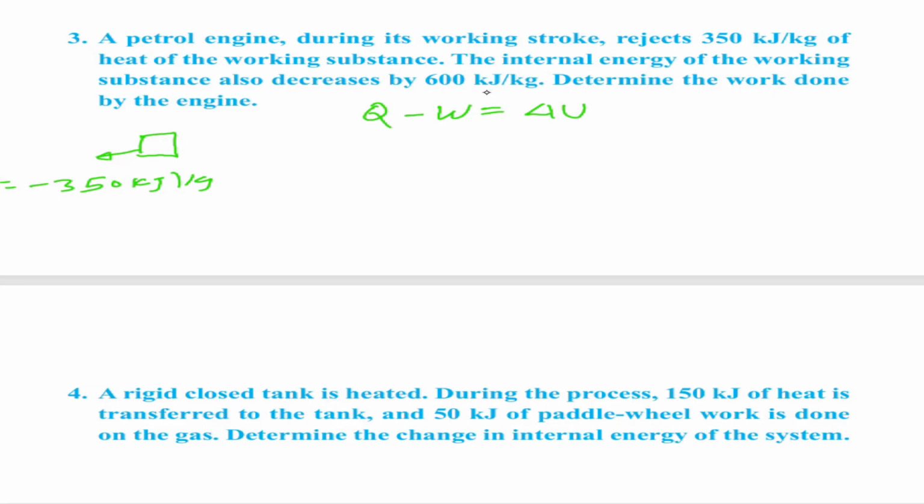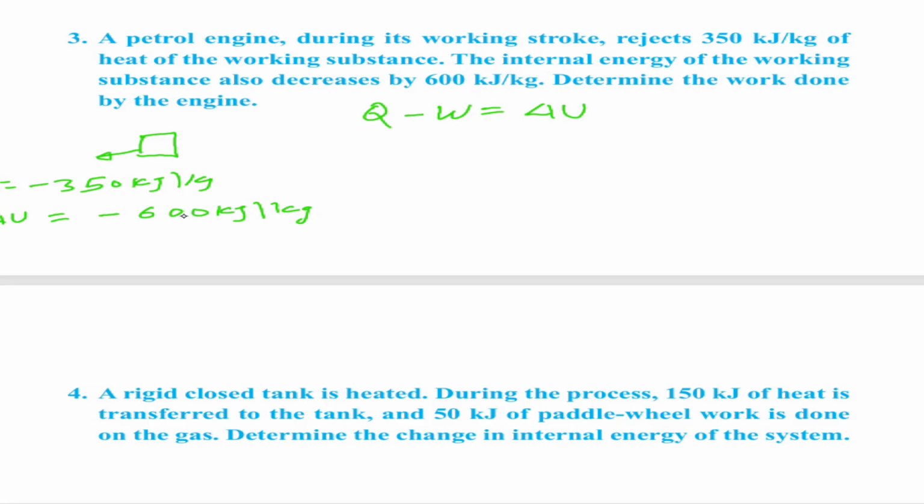And its internal energy decreases by 600, so delta U is negative, minus 600 kilojoule per kg.